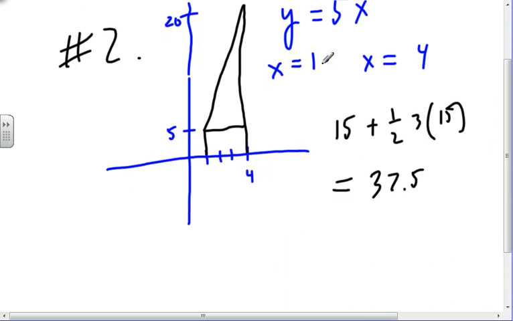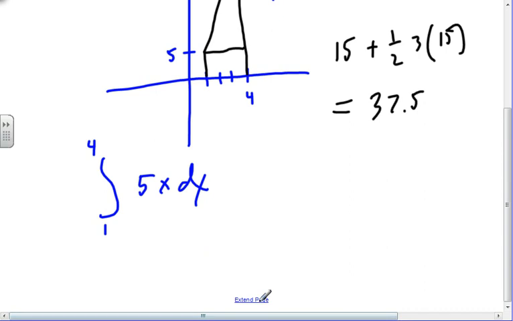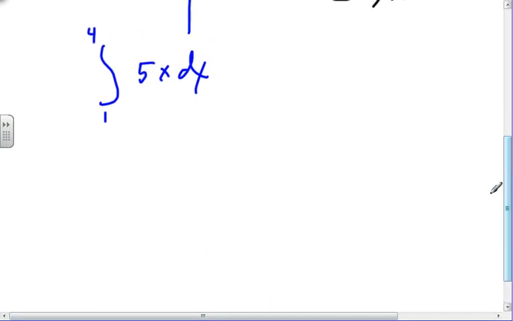Okay, now we can't do that because this is section 24. So what we need to do is take the integral from 1 to 4 of 5x dx. Okay, so that's what we're doing. And so we're going to take 5x squared over 2 evaluated at 1 and 4.